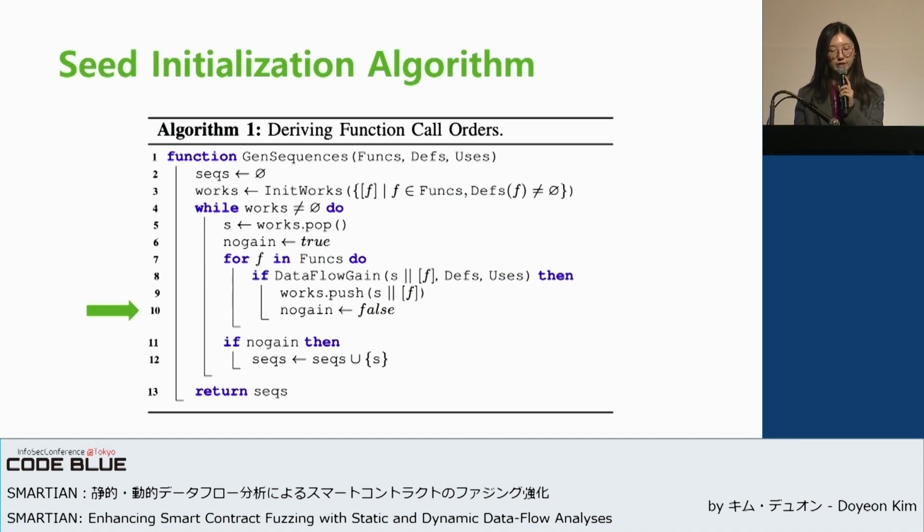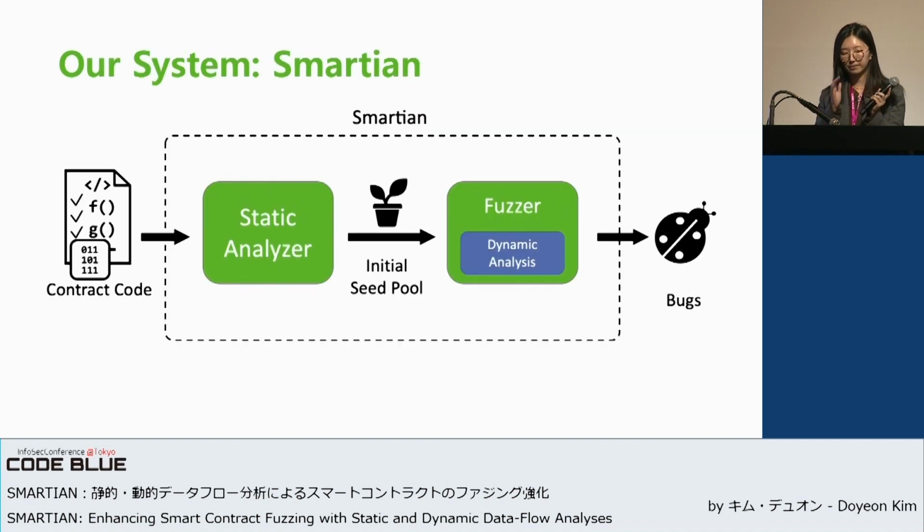We repeatedly extend sequences in the work list as long as a new data flow is observed. If a sequence produces no gain by extending it, we finalize the sequence by adding it to the output set.